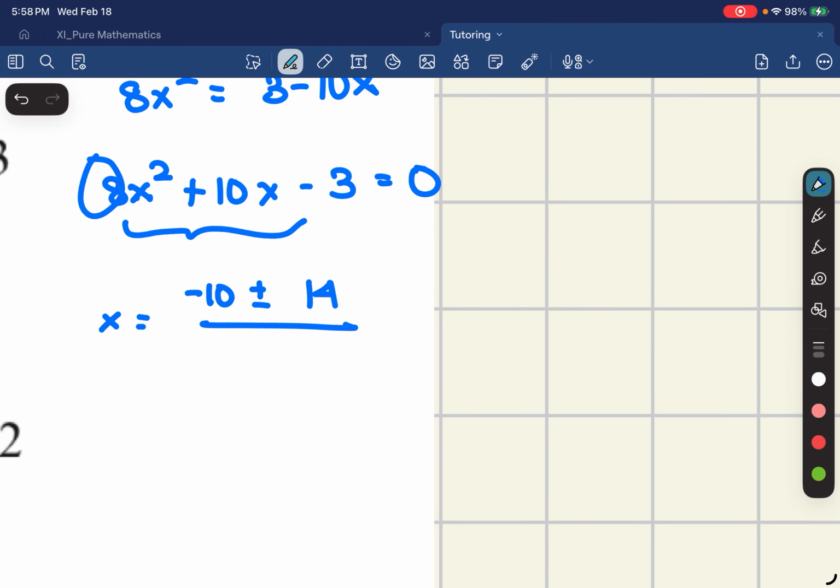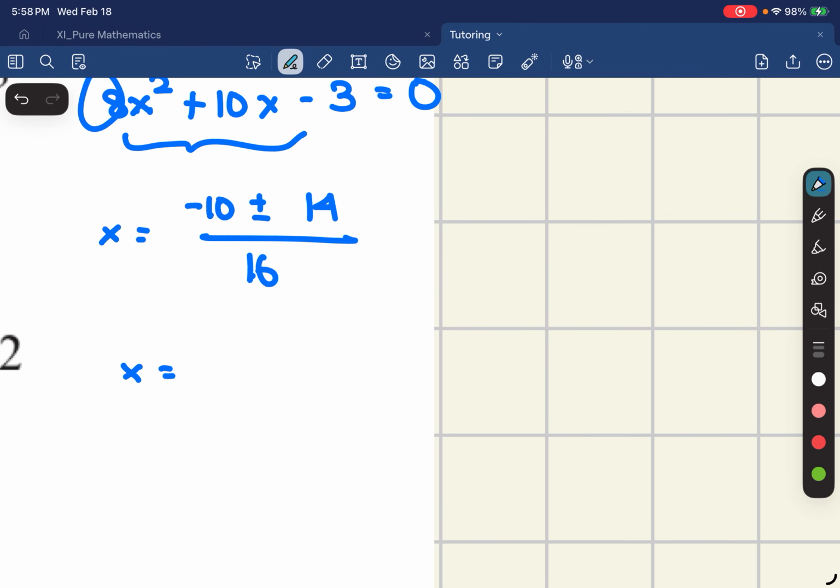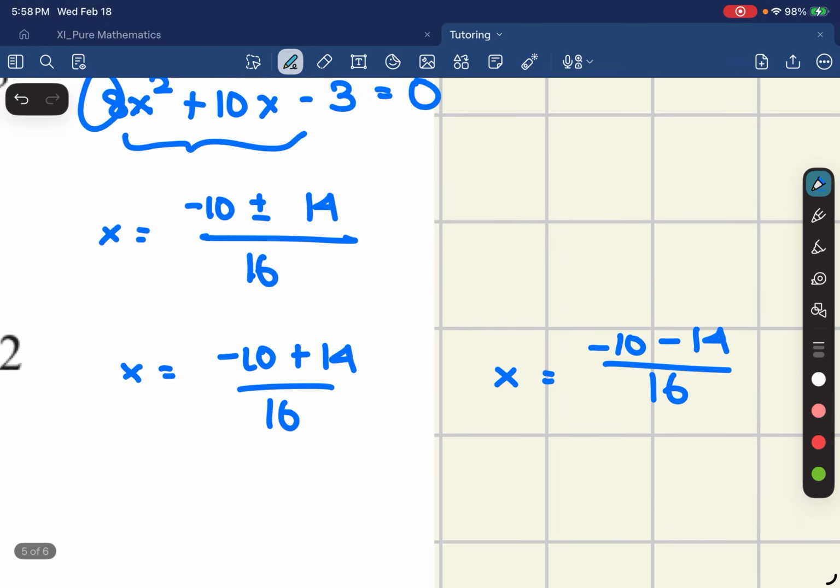All of this is divided by 2a, 2 times 8 is 16. So you have x equal to negative 24 over 16, or x equal to 4 over 16. Your one answer is minus 10 plus 14 over 16, and your other answer is minus 10 minus 14 over 16.